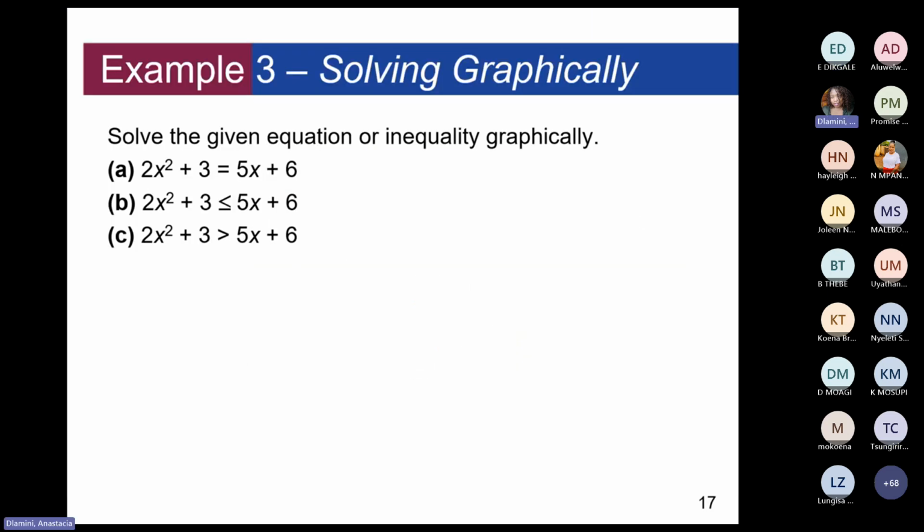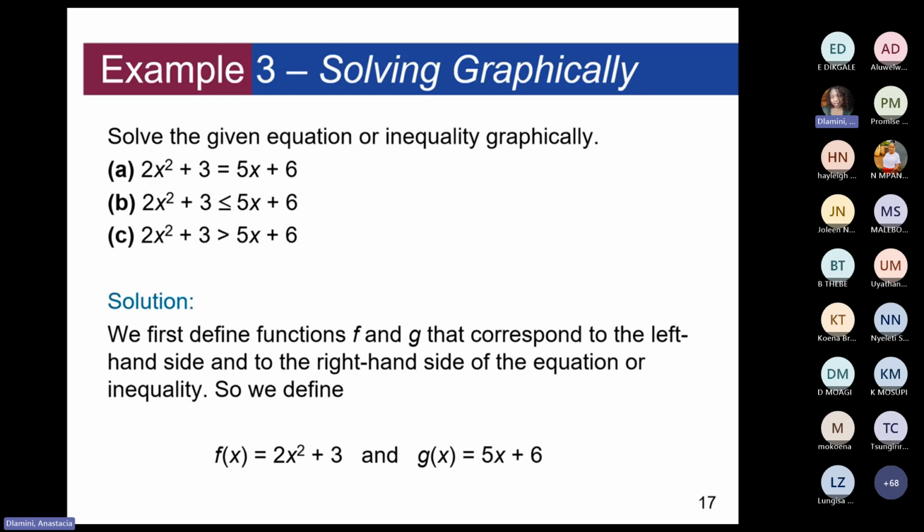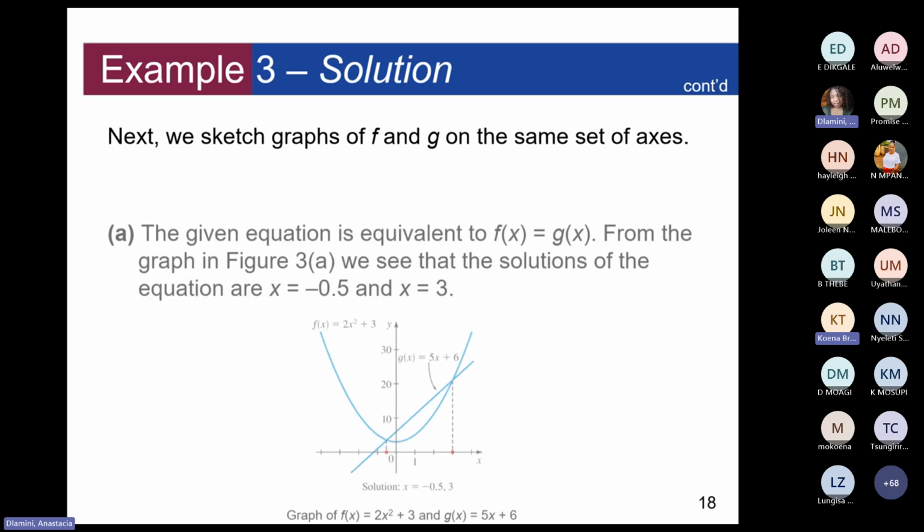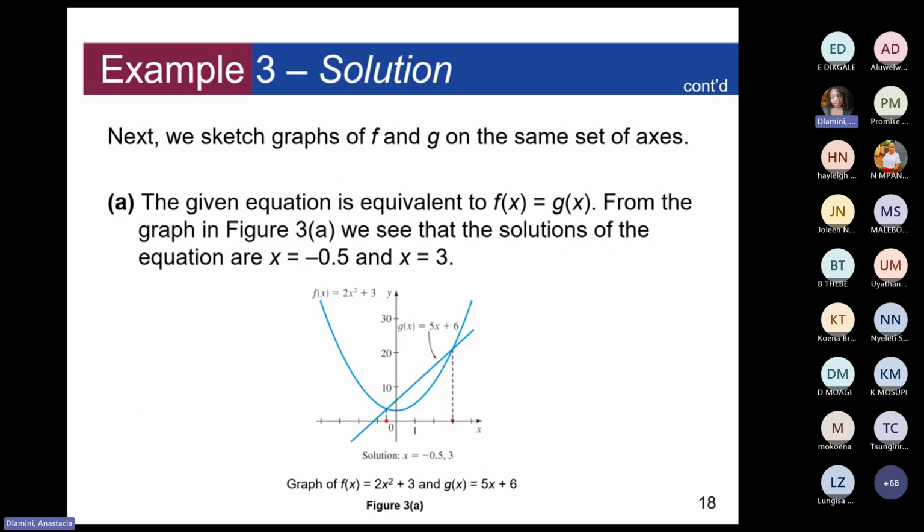Okay. Now we first define functions f and g that correspond to the left-hand side and the right-hand side of the equation. Next, we sketch the graph of f and g on the same set of axes. The given equation is equivalent to f of x equals g of x.